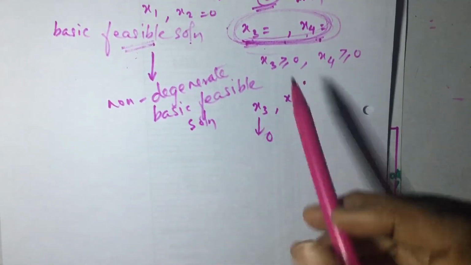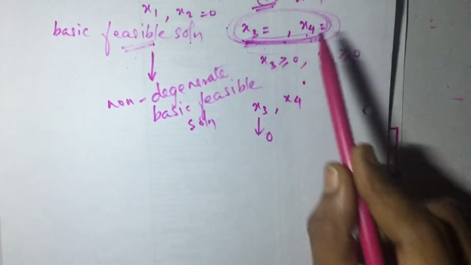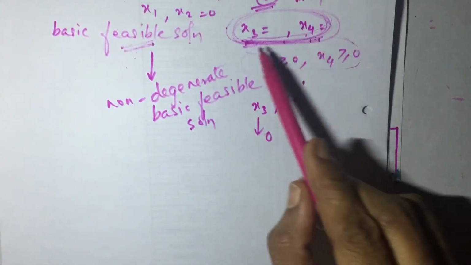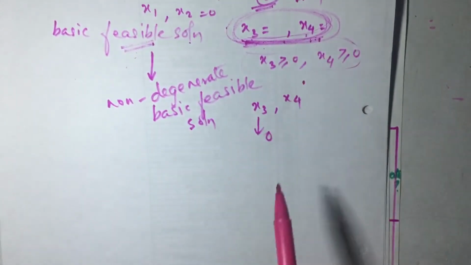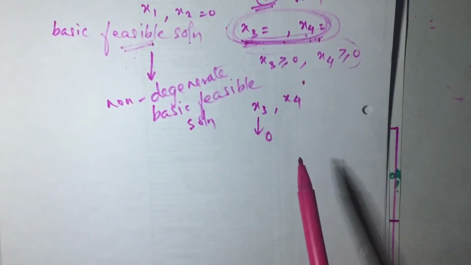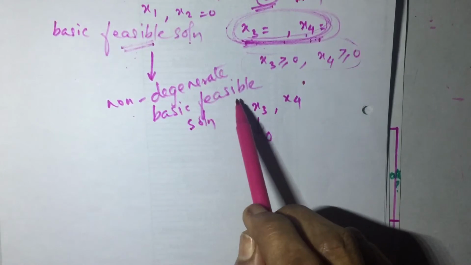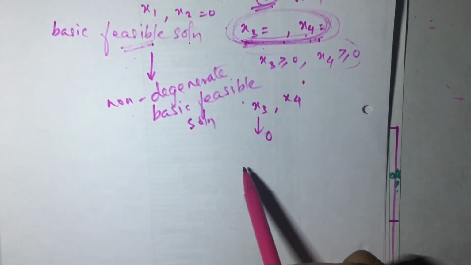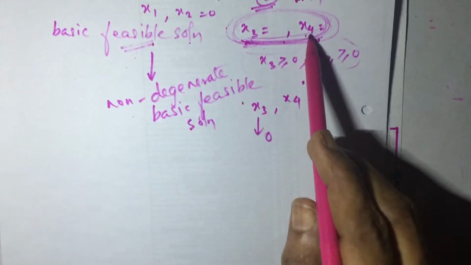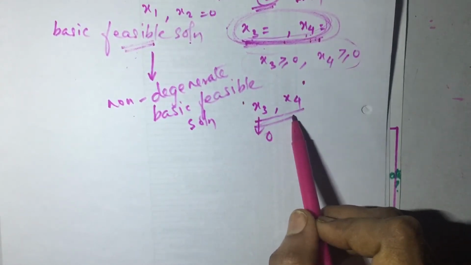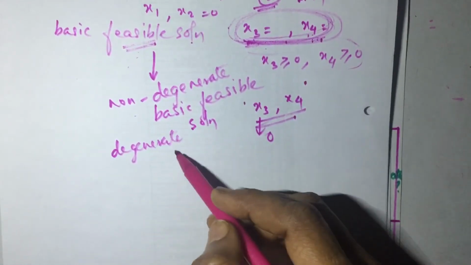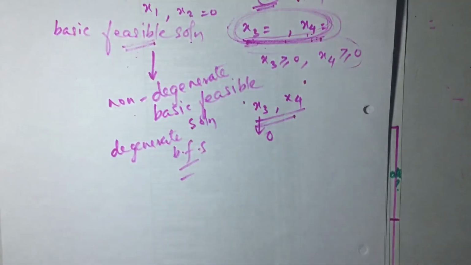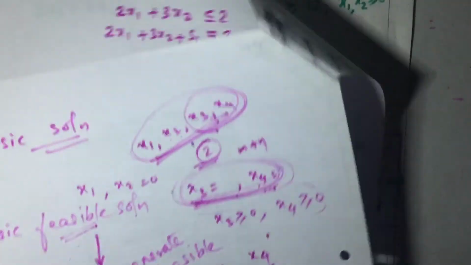In simple words, if there is no 0 in the answer for the basic variables, then it is a non-degenerate basic feasible solution. If there are some zeros, say x3 and x4 give some zeros, then that will be a degenerate basic feasible solution.